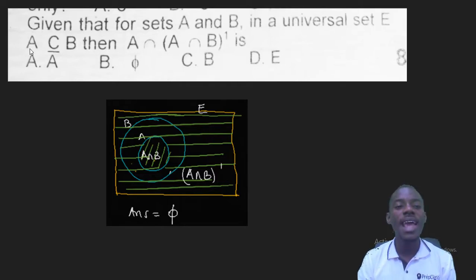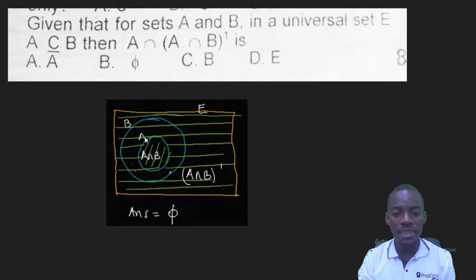Then A is a subset of B. That means A is a baby of B. That means A is inside B. So I drew B bigger and A inside B. Now, intersection means where are they meeting? That means what is the point of intersection or joining of A and B? They are joining inside A, because A itself is inside B, right?